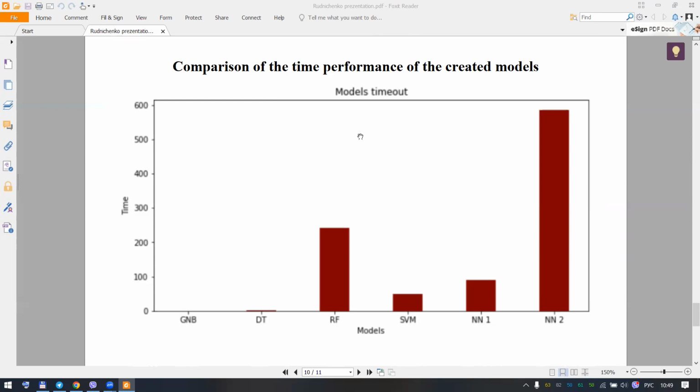The model that has the highest accuracy score is neural network number 2. It's a deep neural network, but also it's a very slow model, as we can see about 300 seconds it took to build and work.